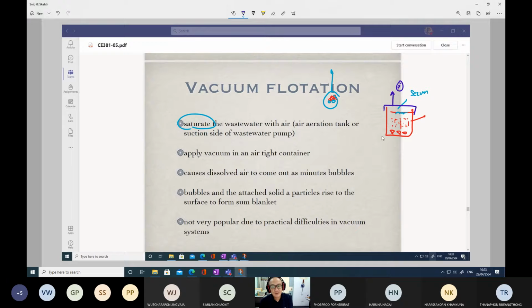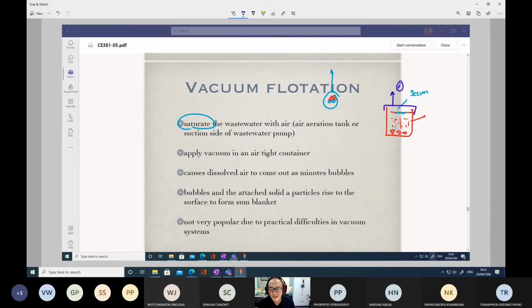So what will happen if we apply the suction? The air which completely dissolved and remained in the wastewater under saturated conditions will re-form bubbles.